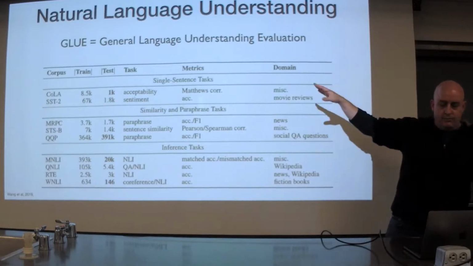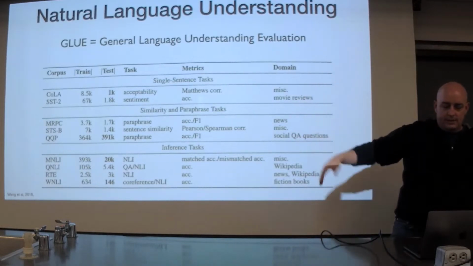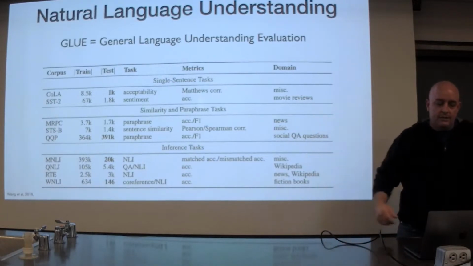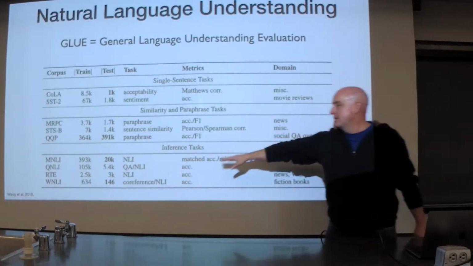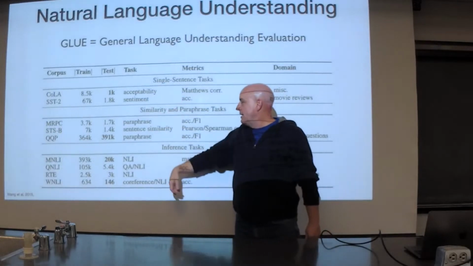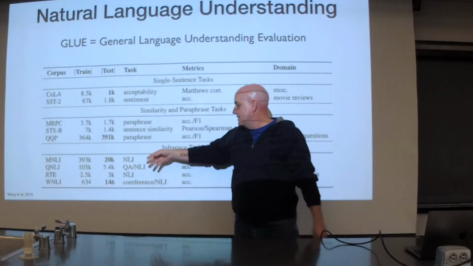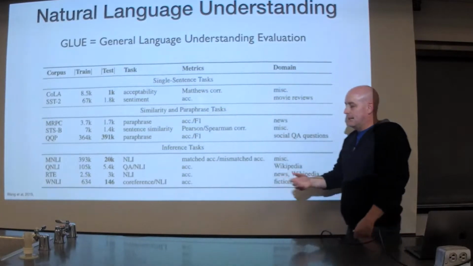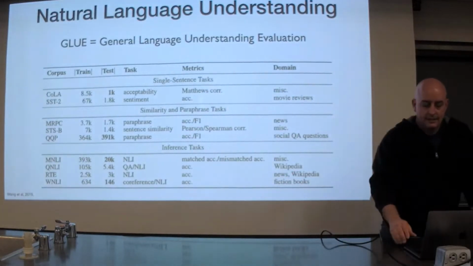There's a slide a little bit later where I'll say a bit more about what each of these are, but you can see some of these, like sentiment analysis, comparing sentences, paraphrasing, some question answering, some natural language inference, things like that.